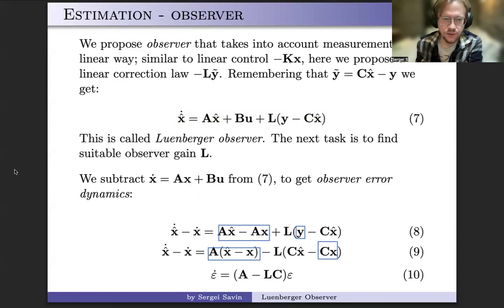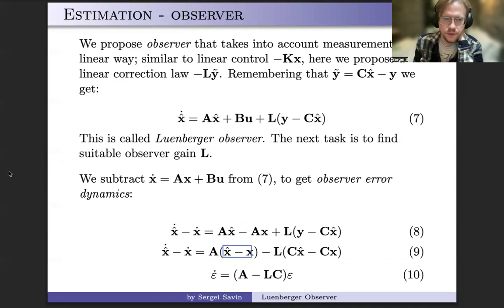And next, what we'll be able to do is to also put C out of the brackets here. So we again would have x hat minus x, x hat minus x. And remember, x hat minus x, we define it as epsilon. So what happens next is, let me be careful again.